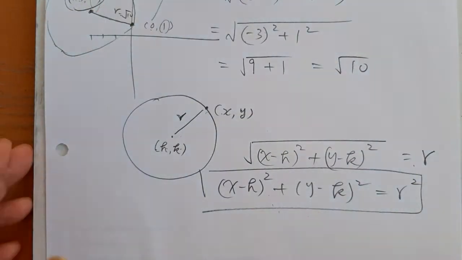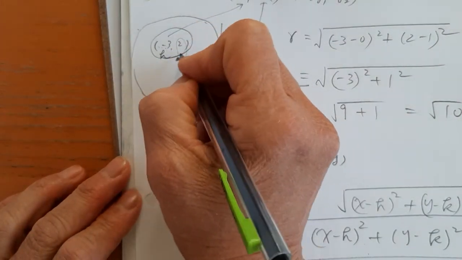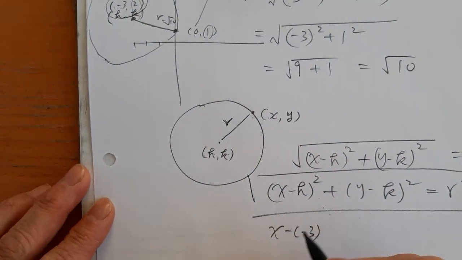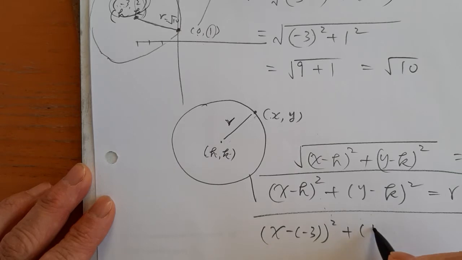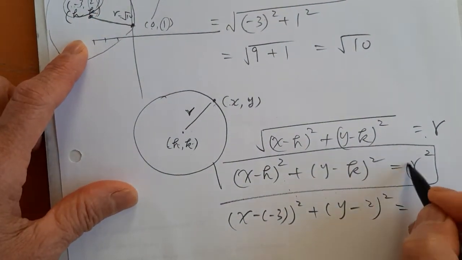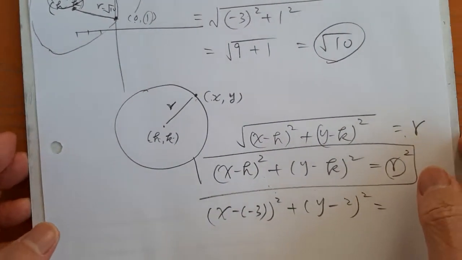Now you plug into this formula. The center is -3, 2, so h is -3 and k is 2. You get (x minus -3) squared plus (y minus 2) squared equals r squared, where r is the square root of 10.